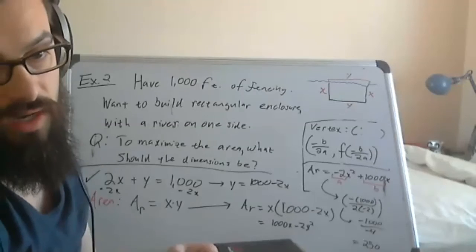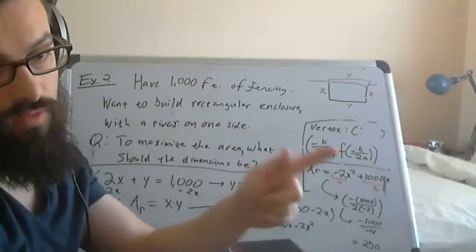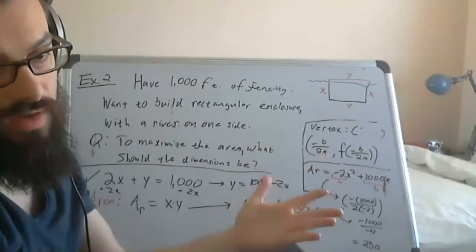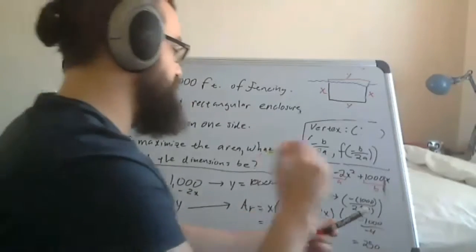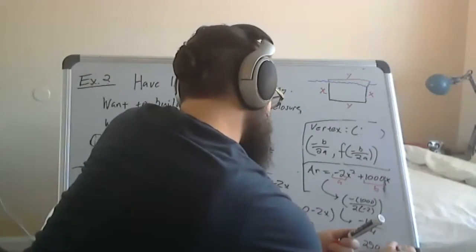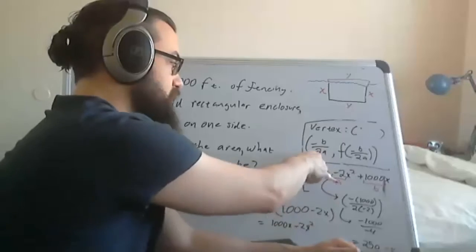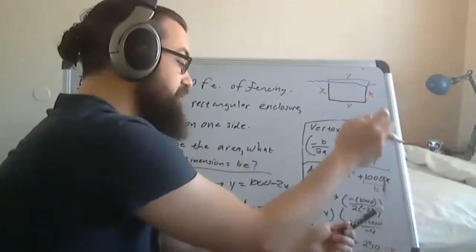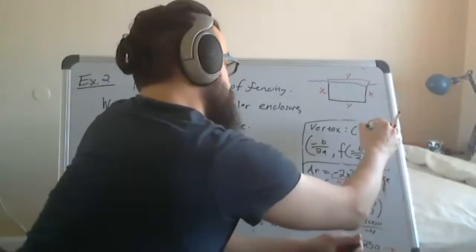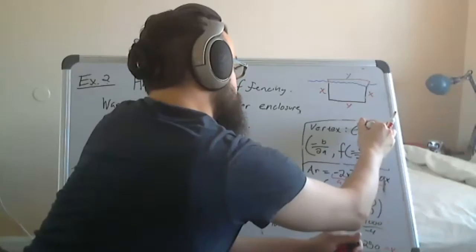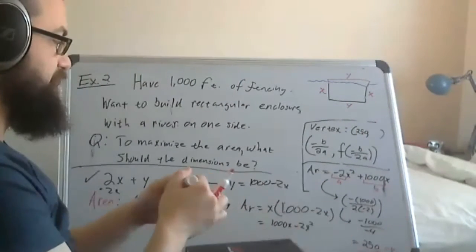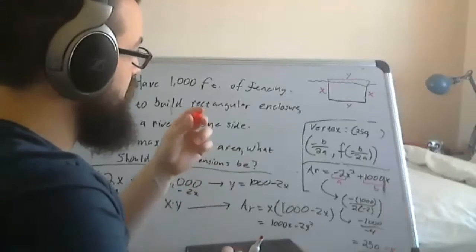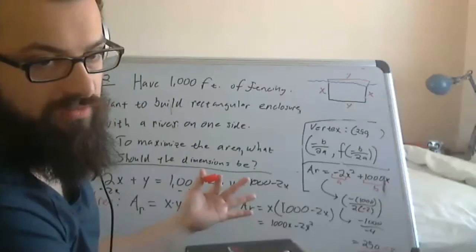I just thought about how many times 4 goes into 100, and then added a 0 on that. So that's our x value, since that was our negative b over 2a. That was our 250. But once again, we're just looking for the dimensions here.